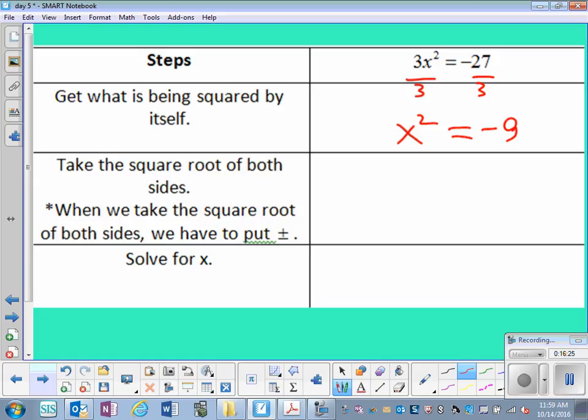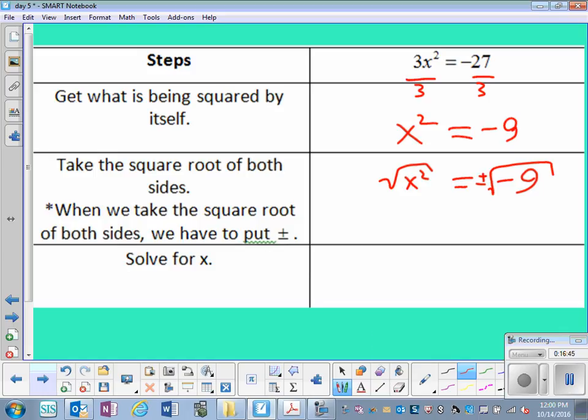And then what do we do? We take the square root of both sides. So the square root of x squared, and then I do the square root of -9, right? But I have to remember to put that plus or minus sign in front. See how we did here, right?